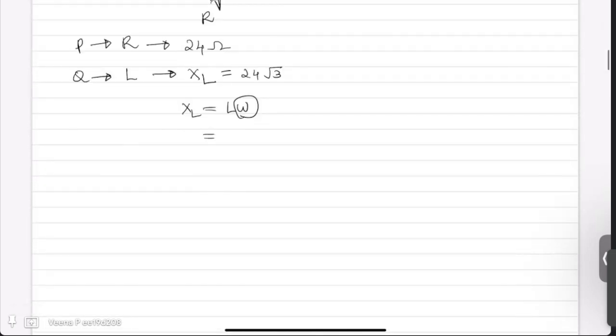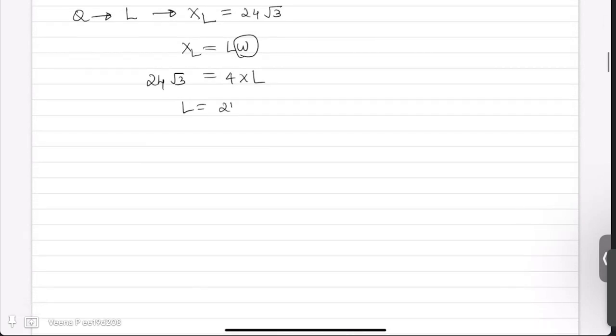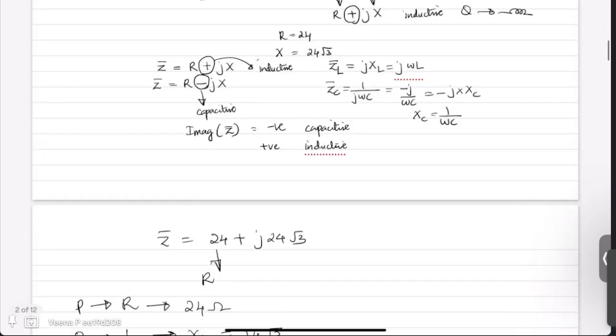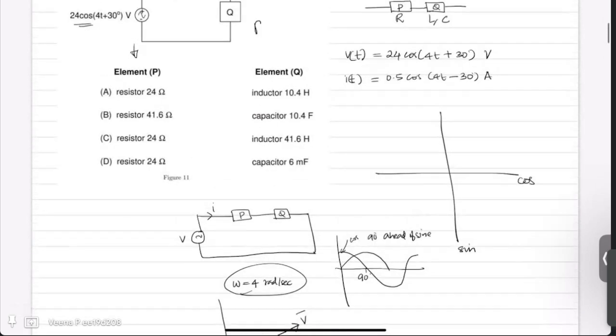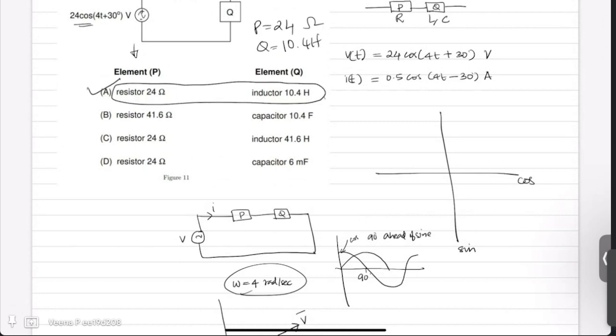So 24 root 3 is 4 times L, or L is 24 root 3 by 4, which comes out to be 10.39 Henry, which you can approximate as 10.4 Henry. So your P is 24 and Q is 10.4 Henry. So the answer is option A.